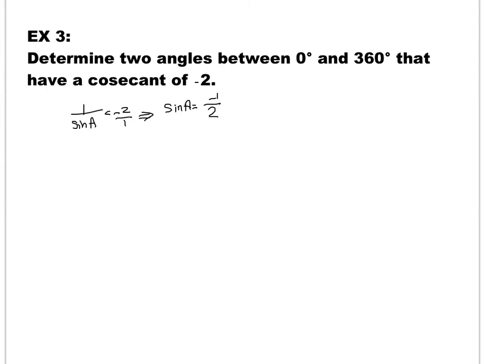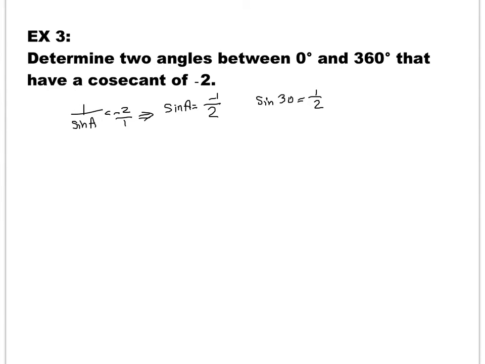Now, if you remember previously from section 4.1, first we have to find the reference angle here. The reference angle here is 30 degrees because sine 30 is 1 over 2. Remember, 30 degrees is one of those special angles.